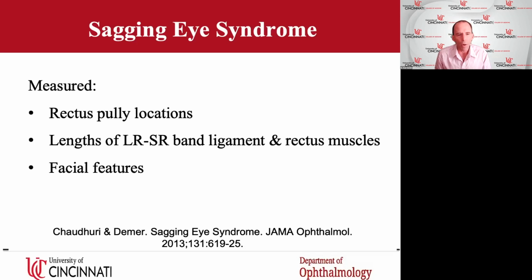And what Demer and associates did now 8 years or so ago is they used high resolution MRIs in these patients, and they looked at the anatomy of the rectus muscles, the pulley locations on the globe, and the lengths of the lateral rectus, superior rectus band ligament, and rectus muscles, and looked at facial features.